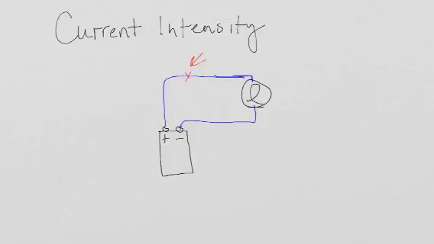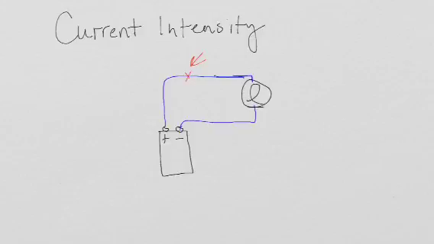Okay? So in other words, if I want to read how powerful my circuit is, how much energy is in my circuit, how many electrons are in my circuit, okay? Because when I say current intensity, the intensity of something is how much of something there is, right?